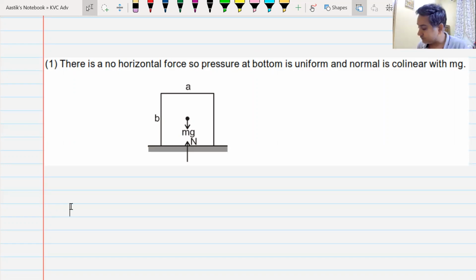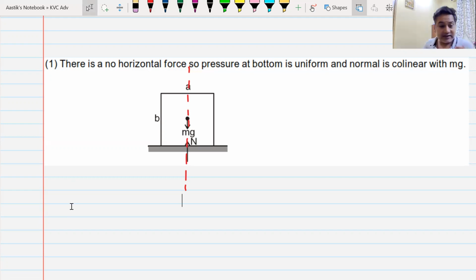When there is no force applied, your normal reaction N from the ground and your weight are along the same line. So the net force is 0 and there is also no net torque because they are along the same line. It just remains like this.